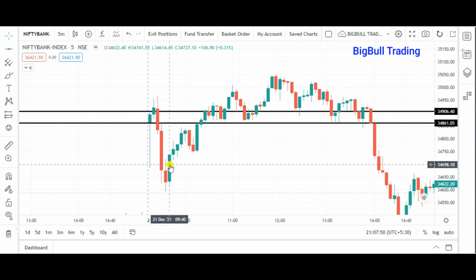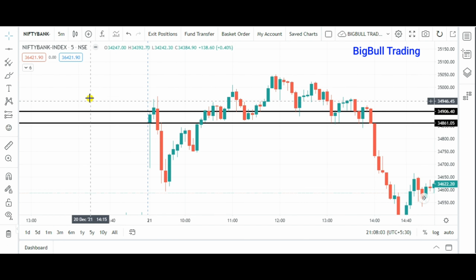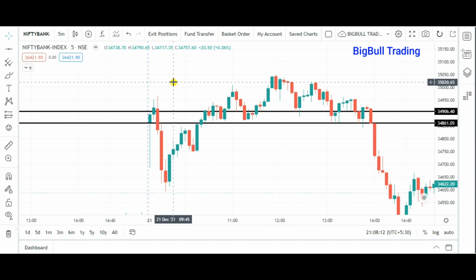And a few more points, whenever you are taking the trade, the lot size should be the same for every day. The option price should be the same for every day. For example, one day you are taking 300 rupees options, one day you are taking 100 rupees options. It will not work. If you are taking 150 rupees options, every day you have to take 150 rupees options.